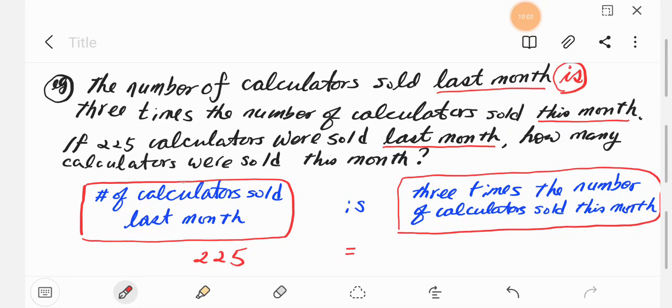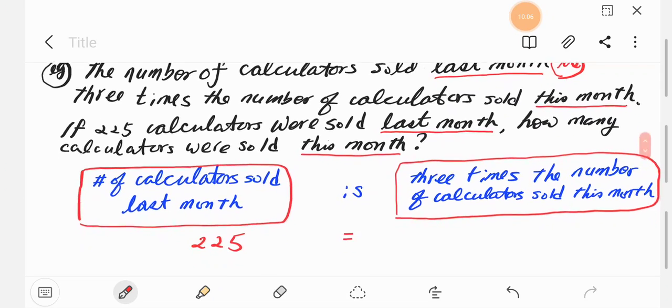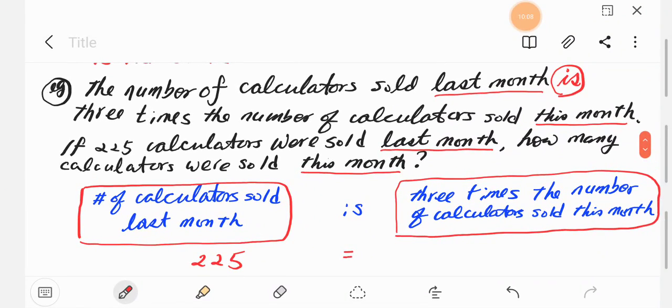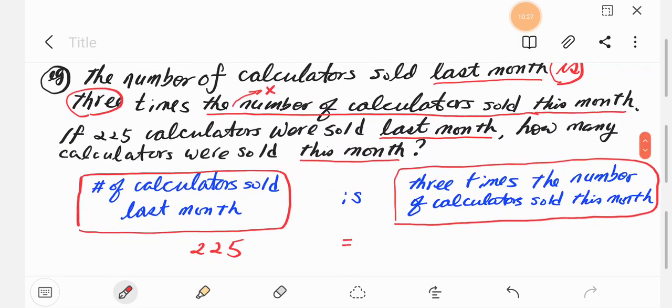And then how many calculators were sold this month? We don't know the number of calculators sold this month, so let's make it x. So look at this, 3 times the number of calculators sold this month. So why don't we make it variable x? So the expression for this phrase will be 3 times, which means 3, right?